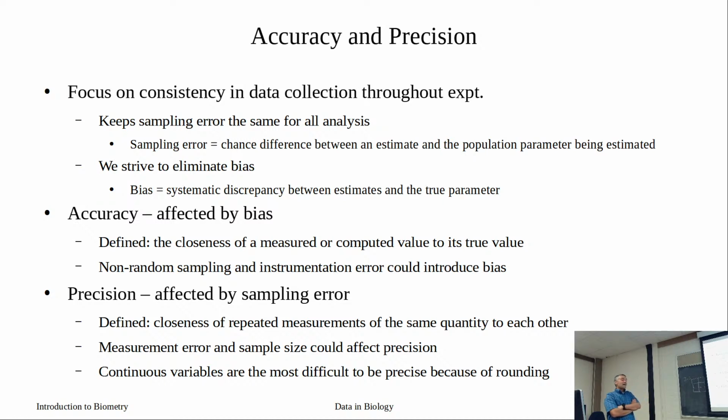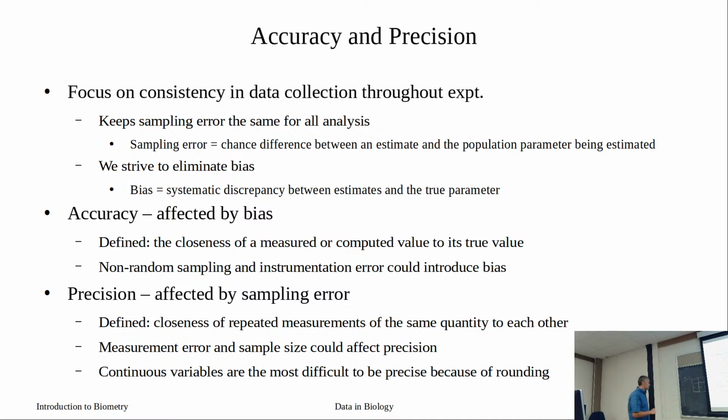So, bias and sampling error, what do they affect? Accuracy, how close we are to the true value, is affected by bias. So if we have a measuring device that is biased, if we ourselves are biased, then we are going to influence our accuracy. So accuracy is the closeness of our sample values, our sample statistics, to the true value.